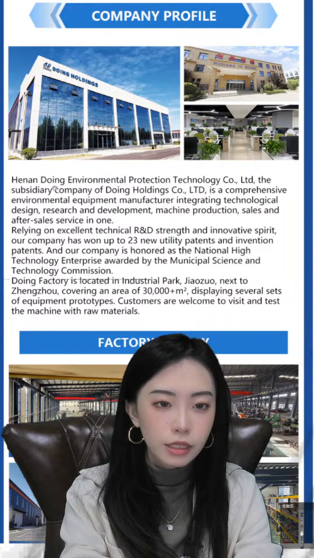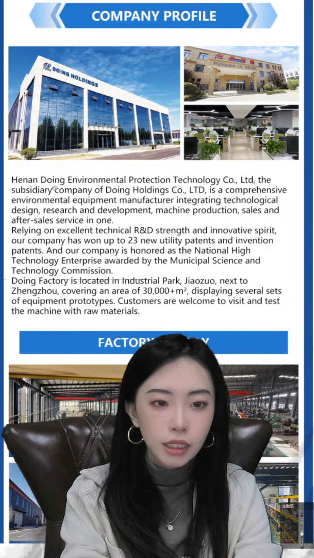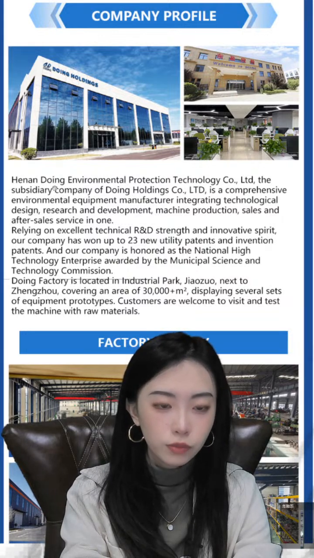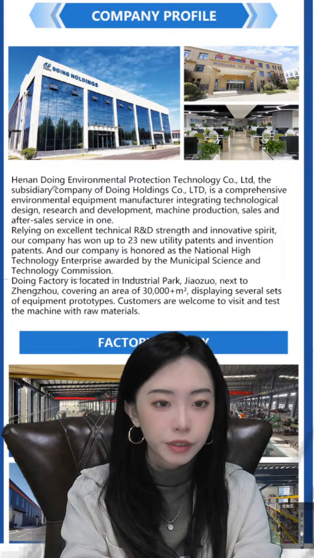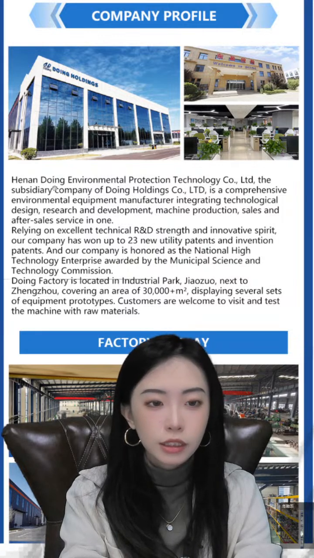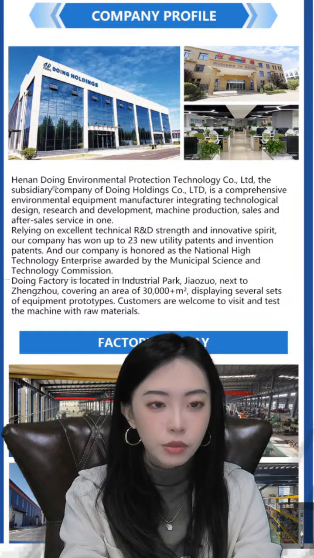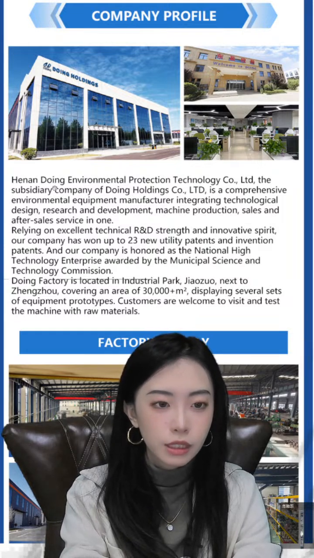The factory is located in the industry park in Jiaozuo City, next to Zhengzhou, the capital of Henan Province. Covering an area of more than 30,000 square meters, it displays several sets of equipment prototypes. So you are welcome to visit and test the machine with your materials.